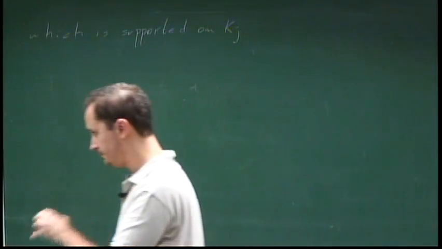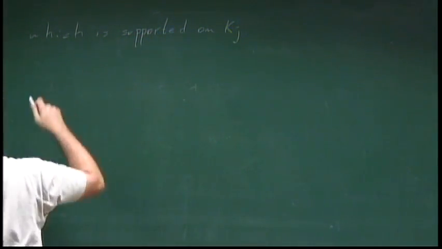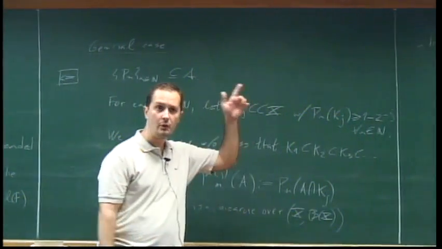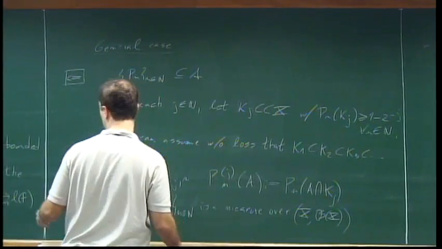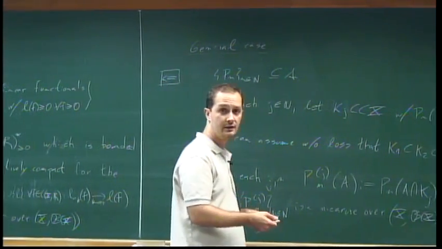And well, I'm going to do a slight abuse here. I'm just going to say, if you pretend these measures are actually measures on the compact set Kj, then we know that we have relative compactness over this compact set.